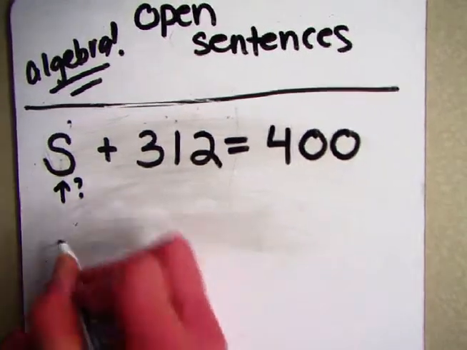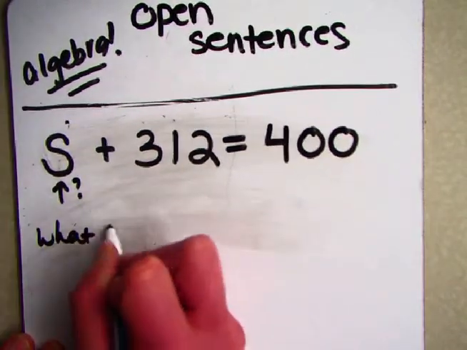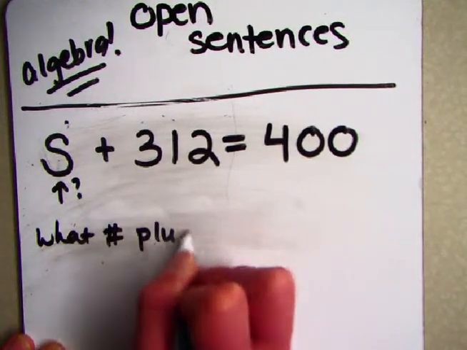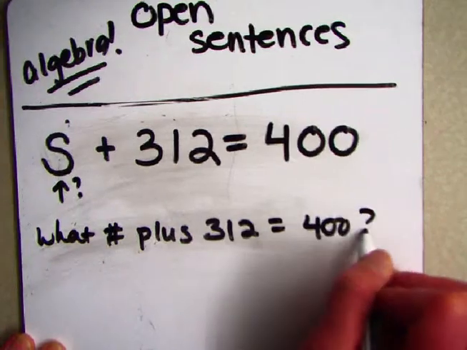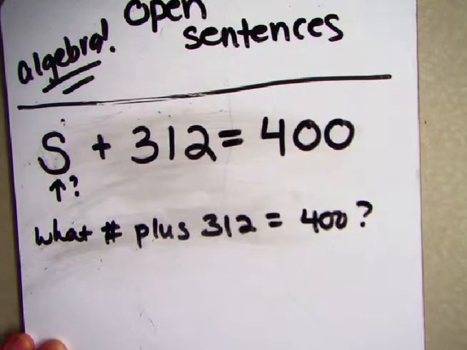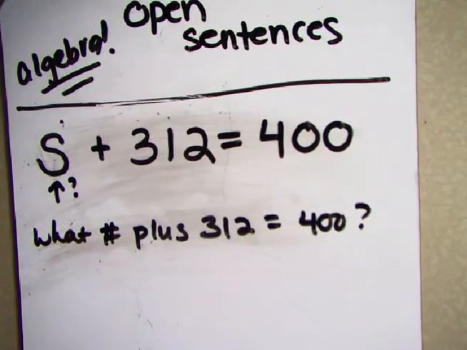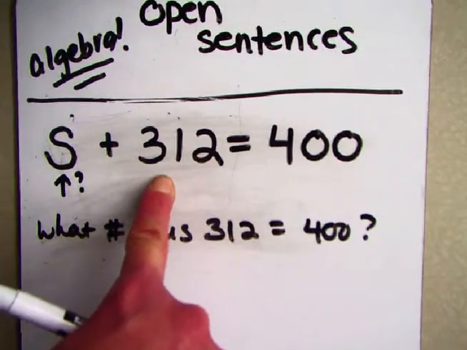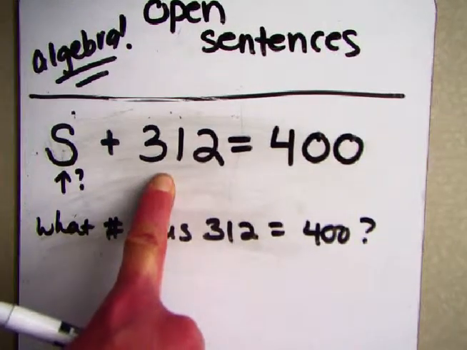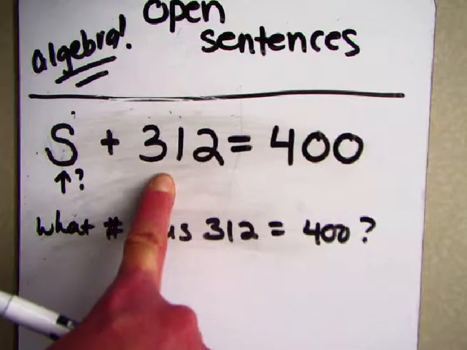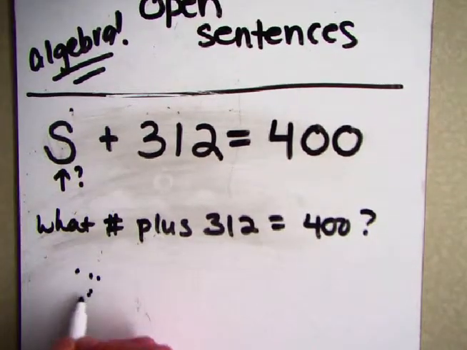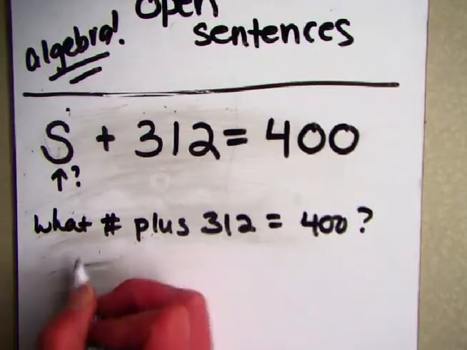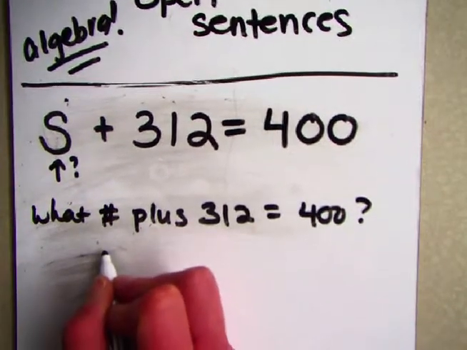So I'm going to ask myself, what number plus 312 will equal 400? One of the ways I could do this is I could count up from 312. So in my head I could count up 322, 332, 342. I could count in my head. I could make a drawing on my sheet and count up too. Or I could subtract.